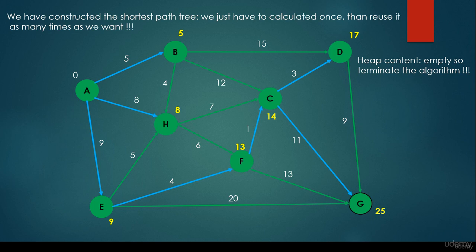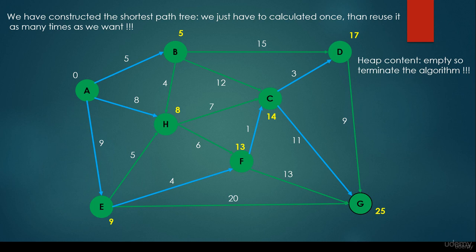So if we're starting from A, we can decide what's the shortest path from A to C. It takes 14 units and we have to go to E, then to F and then to C. What's the shortest path to G? It takes 25 units to get there from vertex A, and we have to go first to the vertex E, then from E to F, then from F to C, and then from C to G.